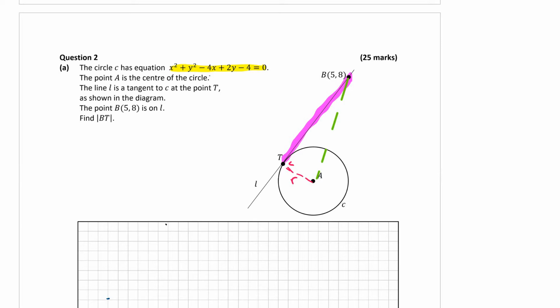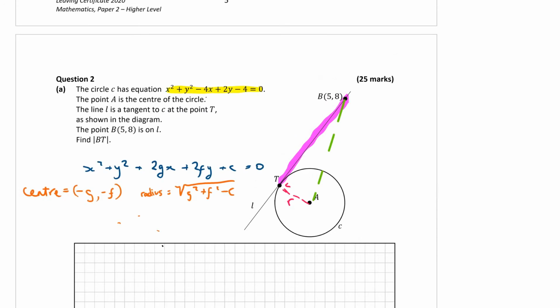So an important thing to bring in first is the general equation of a circle and what that means. I'm just going to bring in that formula from the tables. You can see the equation above there, x squared plus y squared plus 2gx plus 2fy plus c. That can represent any circle. And we can get some really useful information from that. The coefficient of x is this number called 2g.